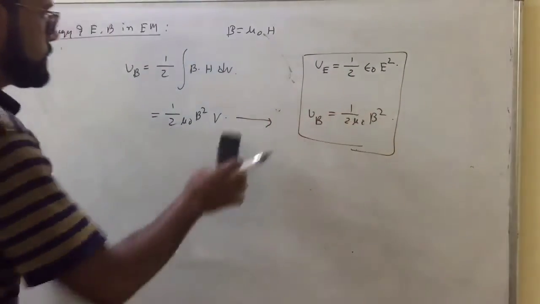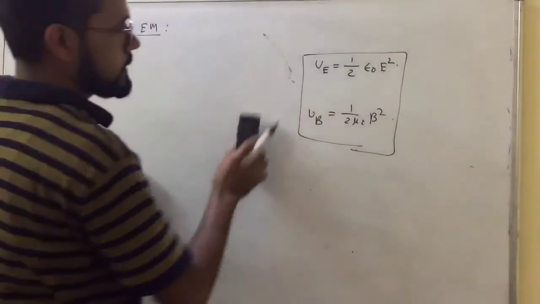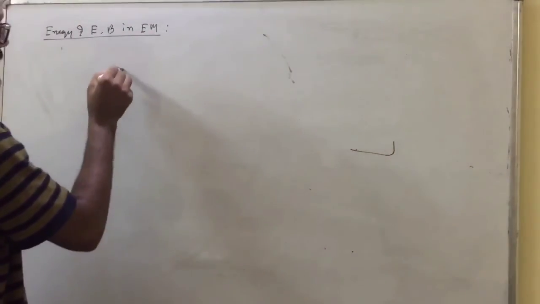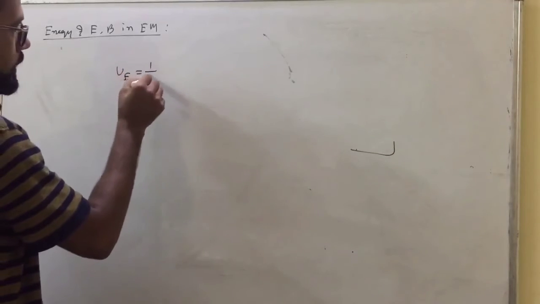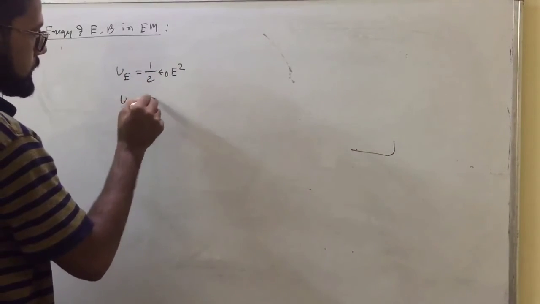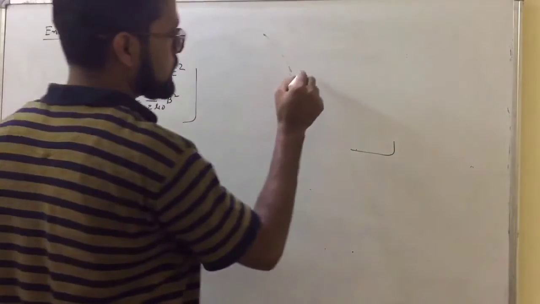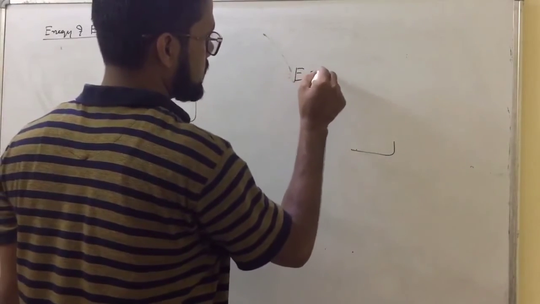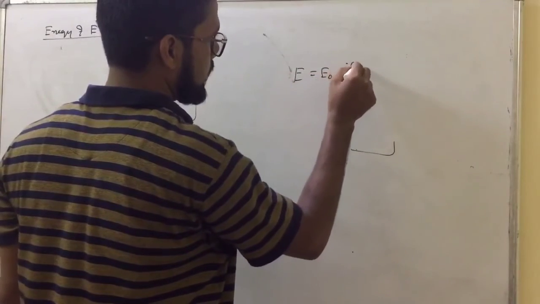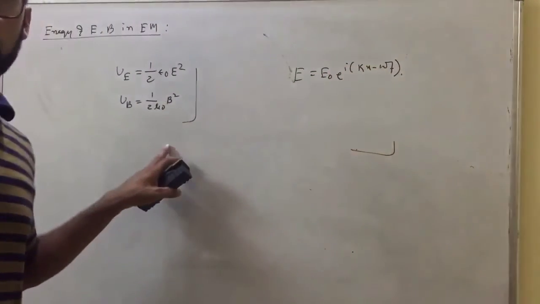Now suppose we are going to calculate the average energy. This is the formula: 1/2 epsilon naught E square for the electric field, and 1/2 B square by mu naught for the magnetic field. Now if I take the electric field equal to E naught e^(i(kx minus omega t)), I cannot use this formula directly.